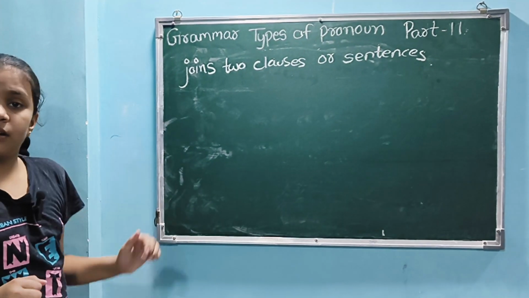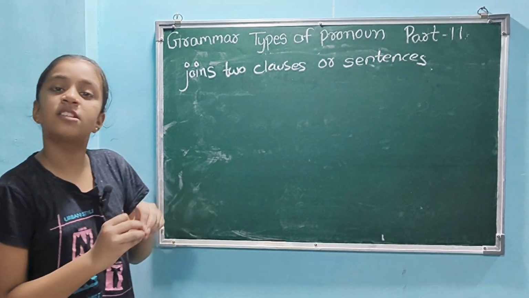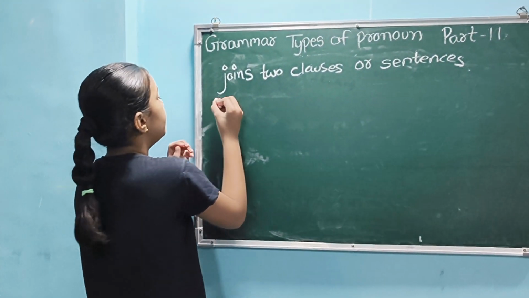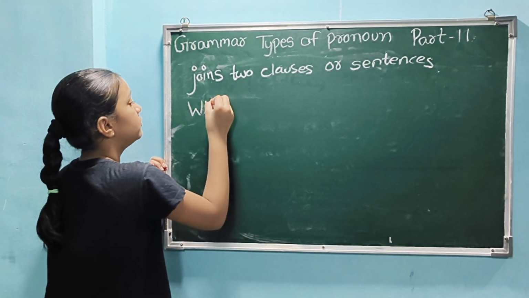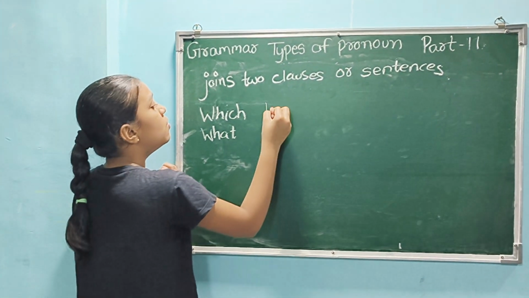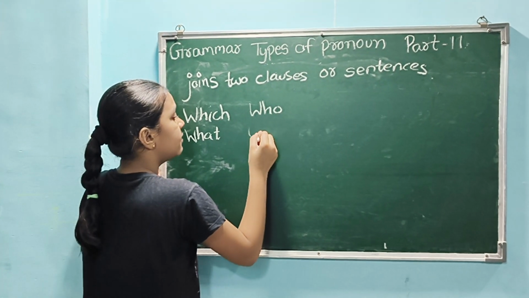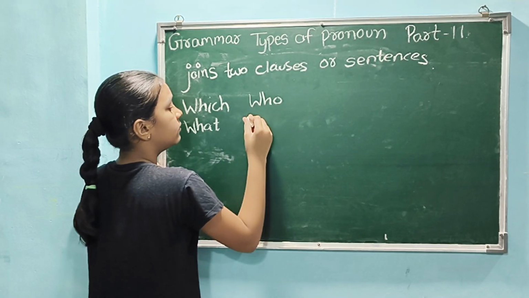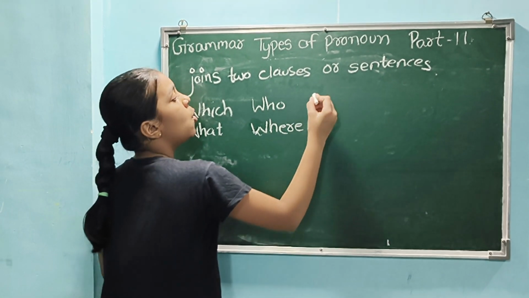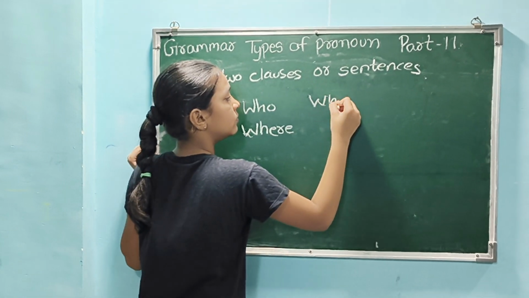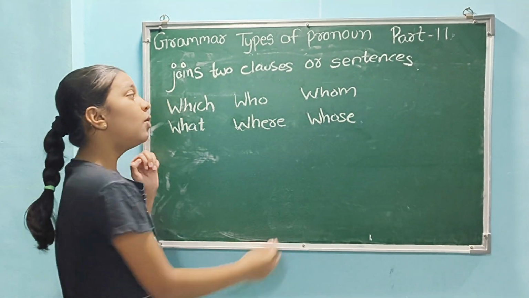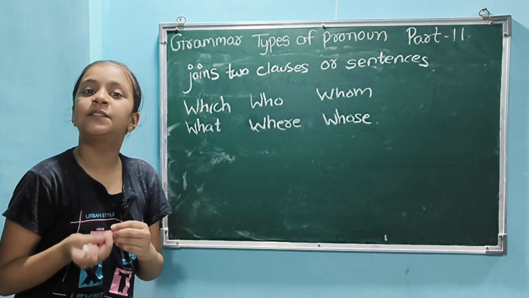So here the relative pronoun joins two clauses or sentences, and the main pronouns are, see, which, what, who, where, whom, and whose. Understood? So these are the main pronouns. I will explain you one by one.